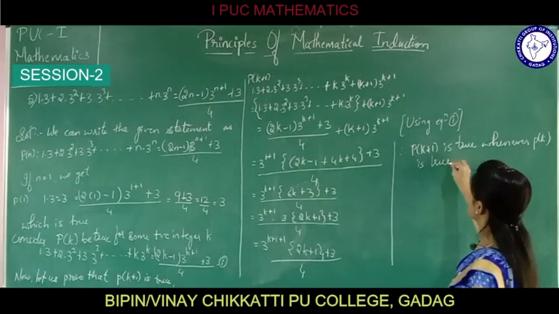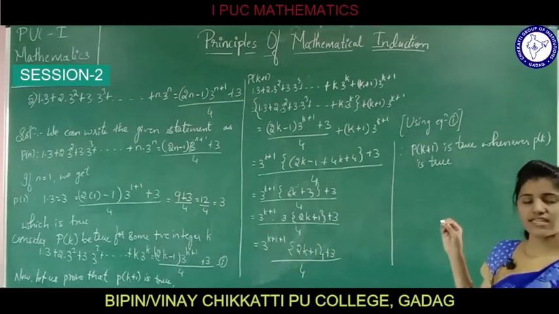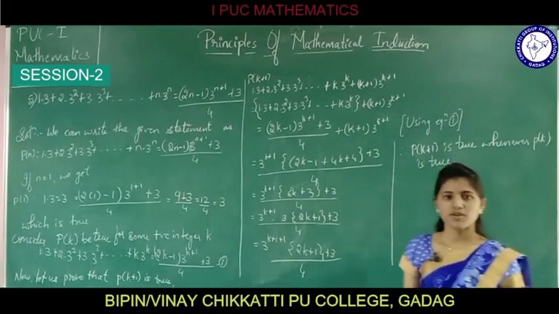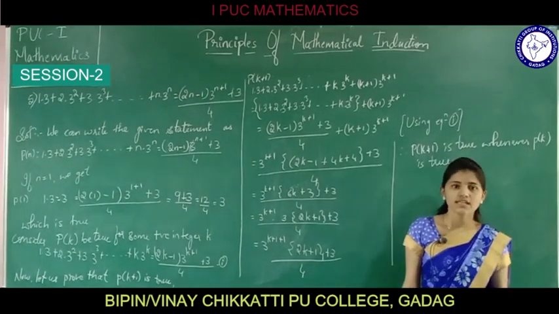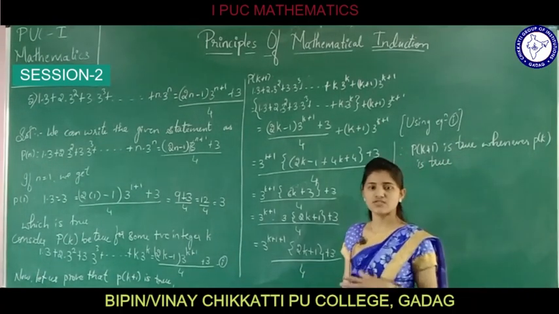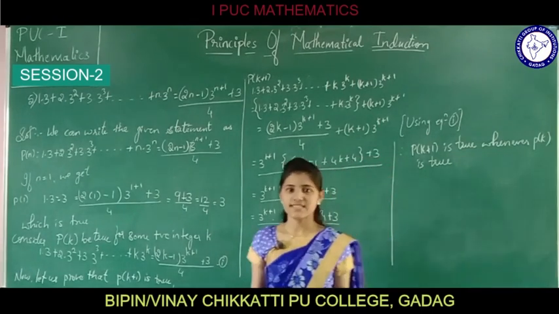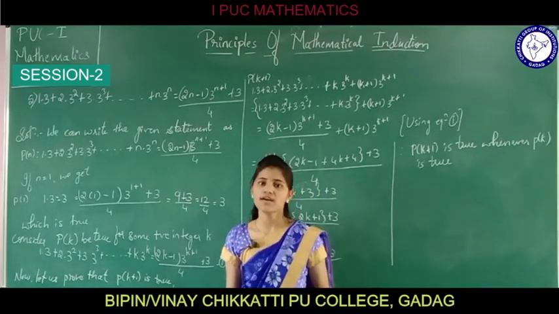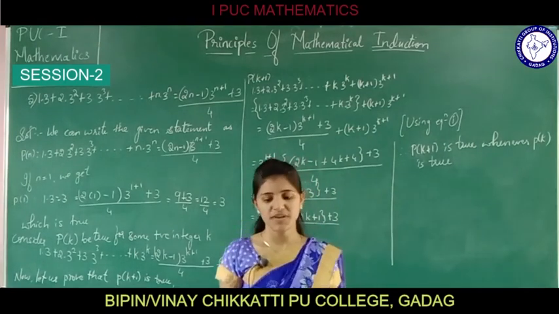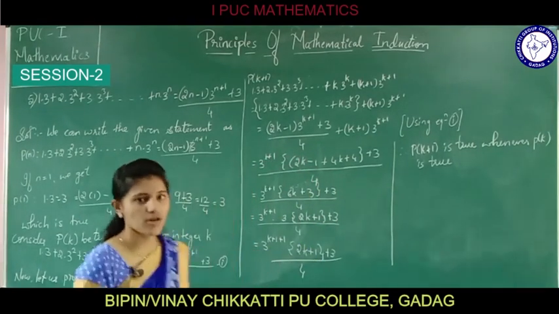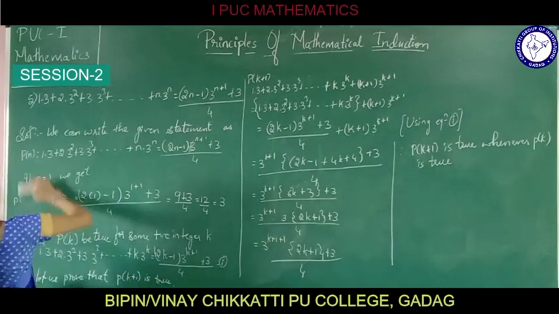Again at the end we are going to write, hence by the principle of mathematical induction, the statement P of n is true for all natural numbers, that is, it is true for all n. I hope you have understood this problem. Now we shall proceed with the next one.